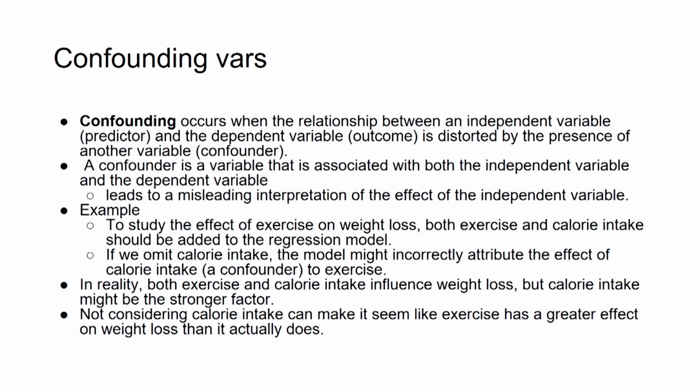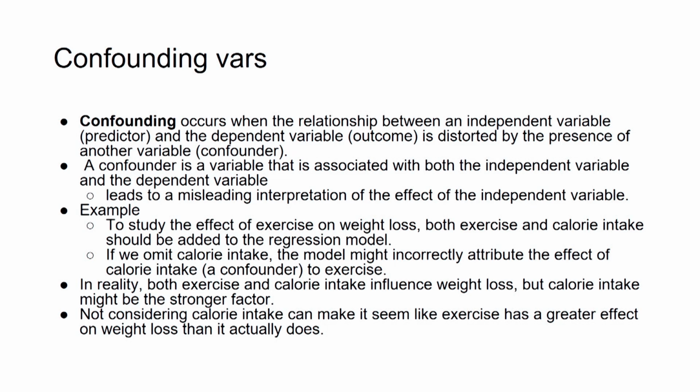The second problem that we may have in case of multiple linear regression is confounding variables. So, what are these confounding variables? Let us understand. Confounding occurs when the relationship between the independent variable, called the predictor, and the dependent variable, called the outcome or response variable, is distorted by the presence of another variable.